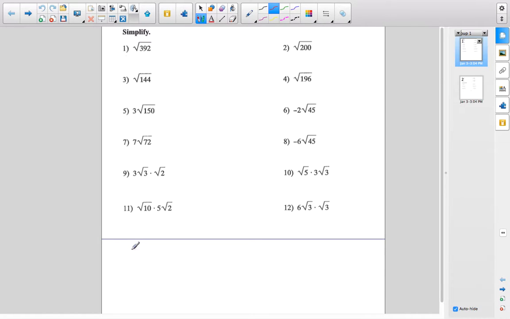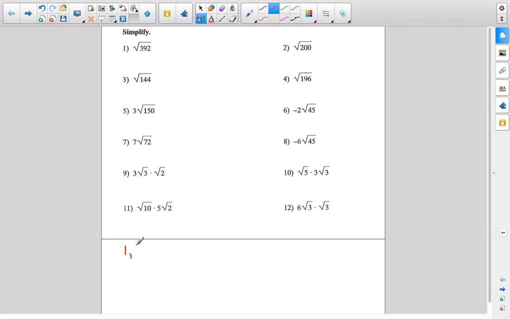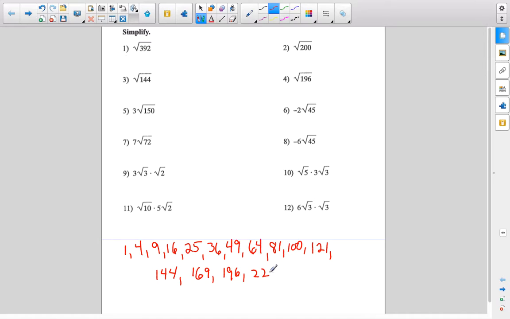So when I think about 1 times 1, of course I get 1. 2 times 2 is 4. 3 times 3, 9. 4 times 4, 5 times 5. 6 times 6, 7 times 7, 8 times 8, 9 times 9, 10 times 10, 11 times 11, 12 times 12, 13 times 13, 14 times 14, 15 times 15.